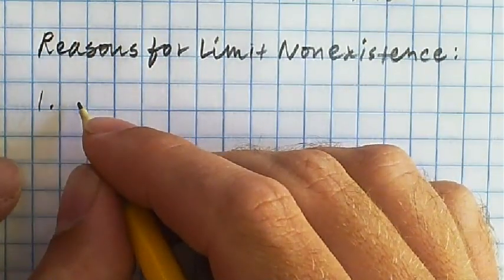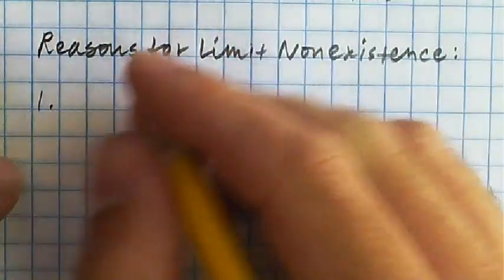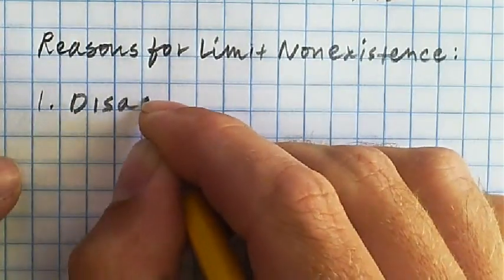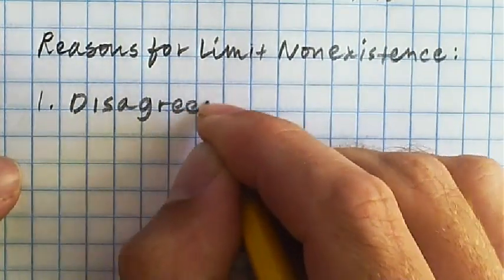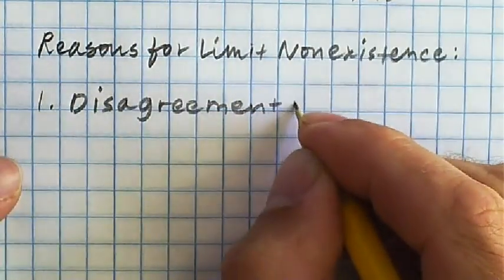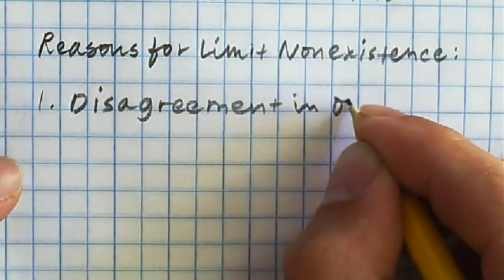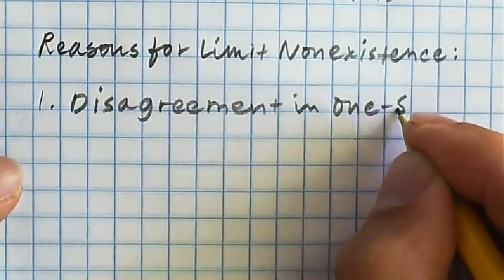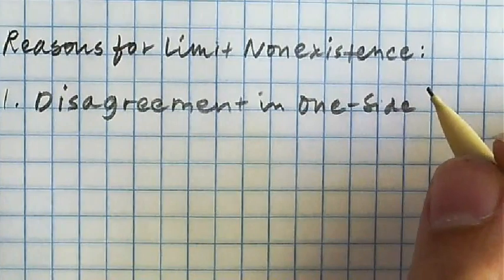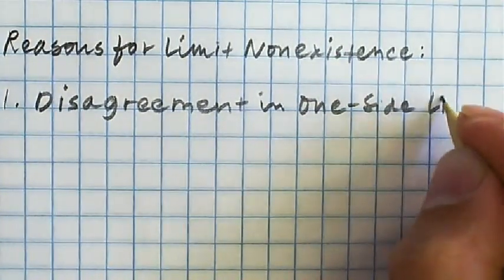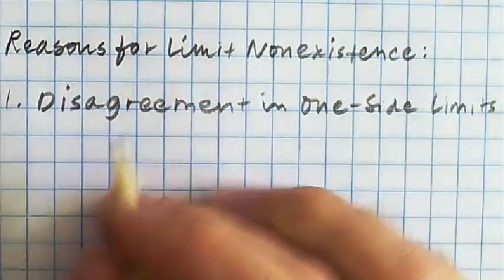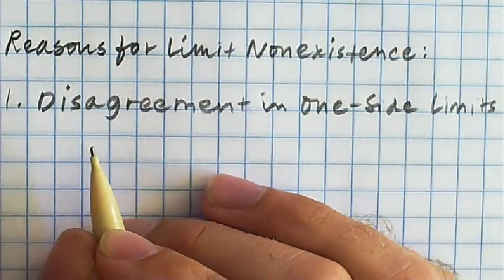disagreement in one-sided limits. We already saw that. Disagreement in one-sided limits. And that's basically what we've seen as a jump discontinuity.